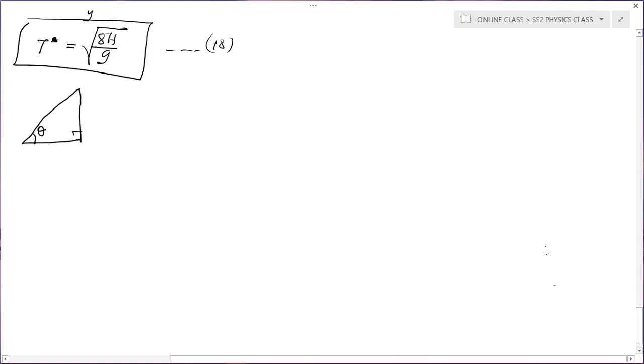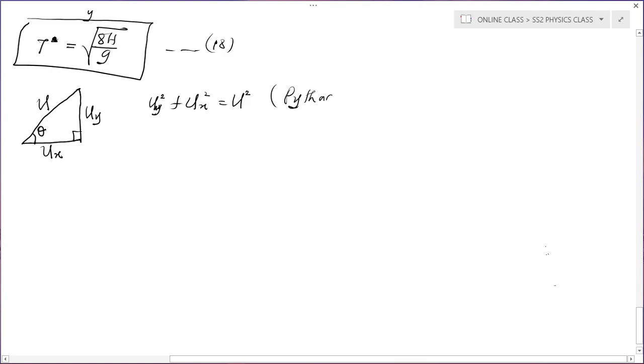Theta, ux, uy, and u. From here, all we know is that uy squared plus ux squared is equal to u squared, from Pythagoras theorem.